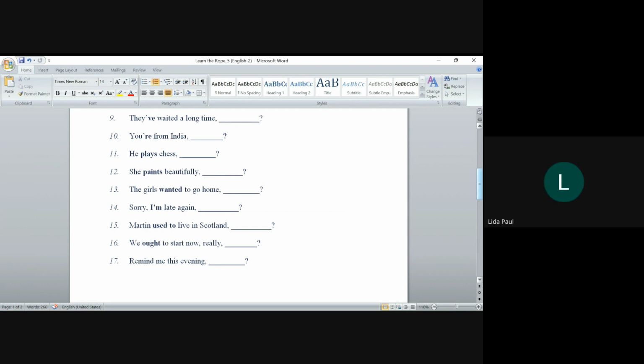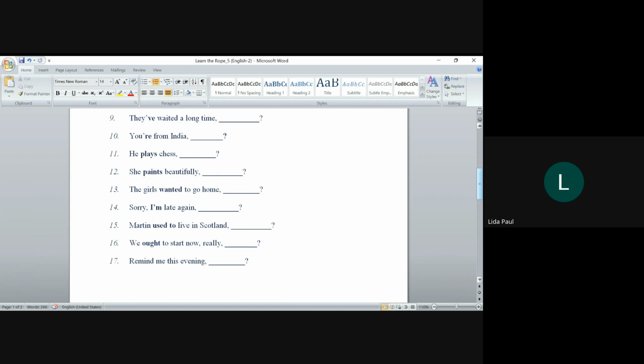So there are two possible options here. One is definitely shouldn't we, right? We ought to start now, really, shouldn't we? You can also say oughtn't we, which is the contracted form of ought not, and then we. Both are grammatically correct. But the more common one is shouldn't we, obviously.